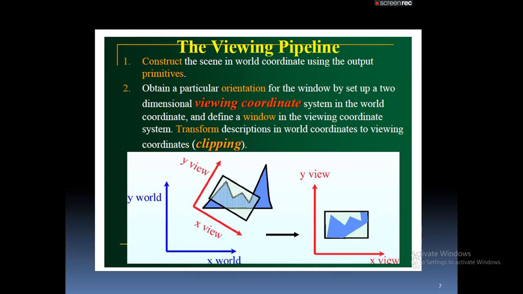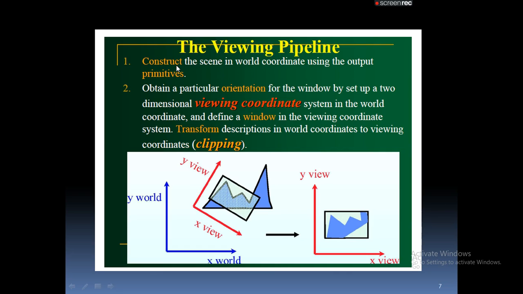I combined all the concepts I explained in the previous video lecture. Please see this first point. Whenever we want to construct an image in computer graphics, construct the scene in world coordinates using the output primitives.